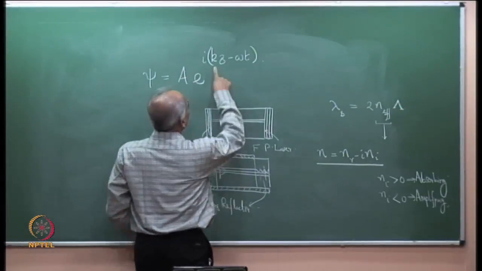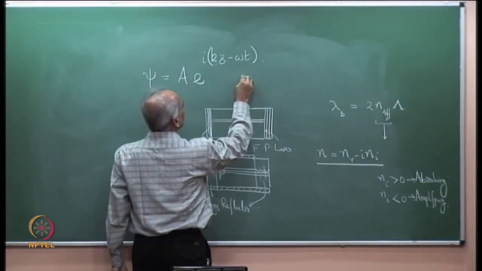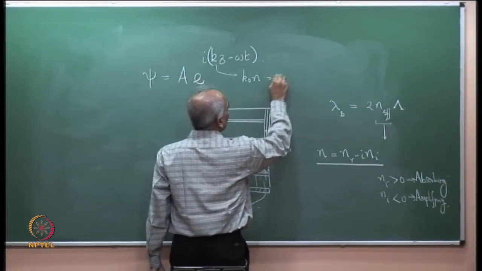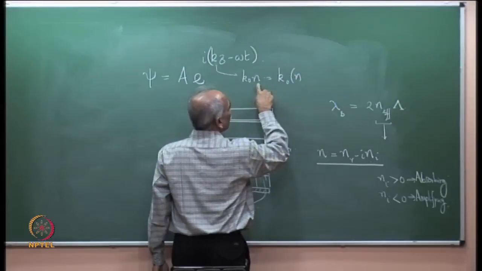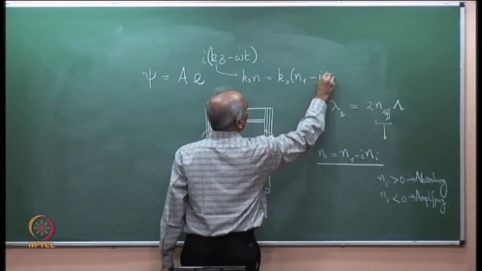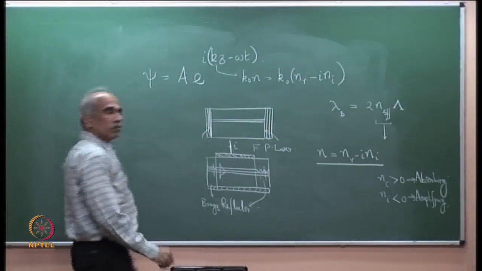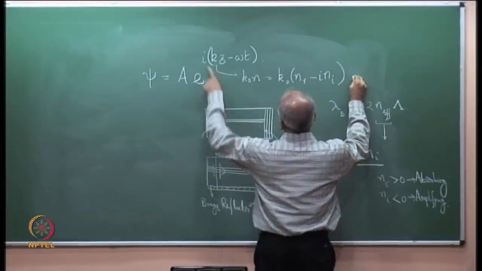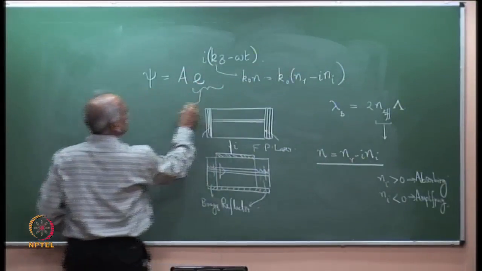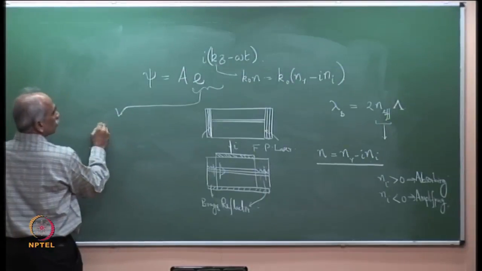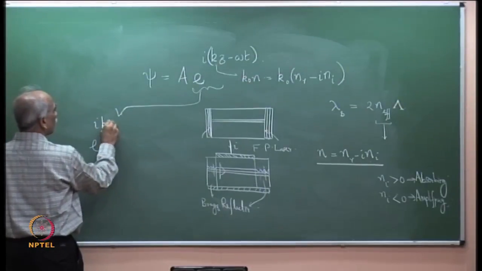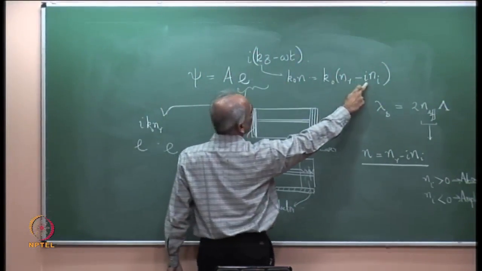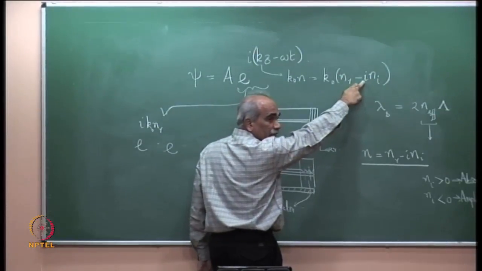So, you see that k here is k0 into refractive index n, which is equal to k0 into the refractive index, a real part minus i times ni part, and therefore you have minus this term here. So, if you look at this term, you get e to the power i k0 nr into e to the power the second part, that is minus i square. So, minus minus is plus.